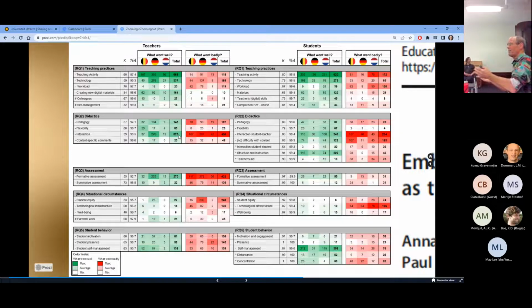And they were a bit relieved. Okay, it's not as bad as we expected. So they were quite positive here. 1 year later, we have the same data. I don't have the slide yet. They were less positive and more nuanced, in fact, which makes sense. They noticed the limitations of this online teaching after a longer period.